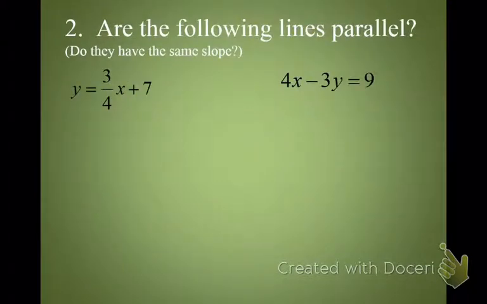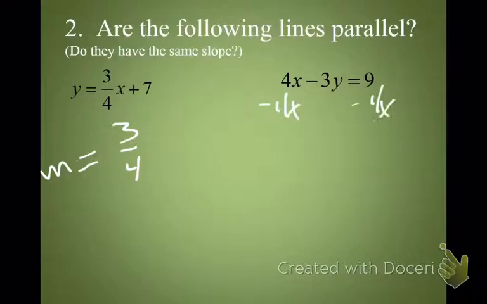Another example for you. Stop the video, take a couple seconds, figure out the slopes, and decide if you think these two lines are going to be parallel. Okay, so what'd you come up with? The slope for the first guy is 3/4. And then we subtract 4x here, 4x here. We've got to get this guy into slope-intercept form, which means we have to get y by itself.